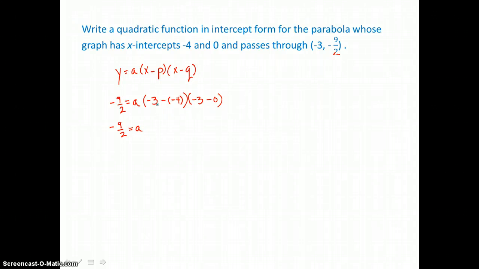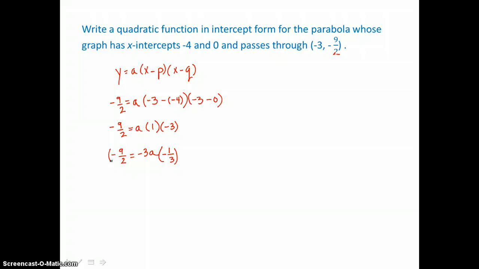So simplifying on the right a bit, inside parentheses here, I'm going to have negative 3 plus 4. Well, that's 1. And here I have negative 3 minus 0, which is just negative 3. So multiplying on the right, I'm going to find out that I have negative 3a. And now to get just a, I need to divide both sides by negative 3, which is the same as multiplying by negative 1/3.